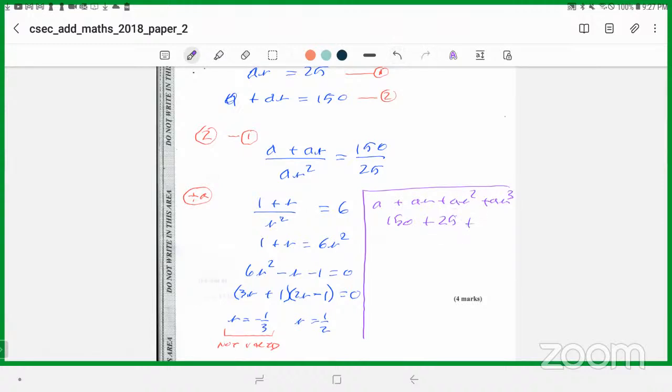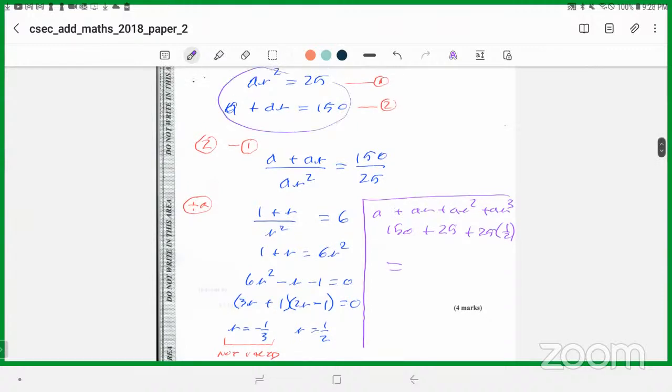So this fourth one is 25 times half. And if you add up all of that, you get the answer. If you wanted, you could use the formula as well. But because it's just four terms, we can just add them up individually, and we already have three of them.